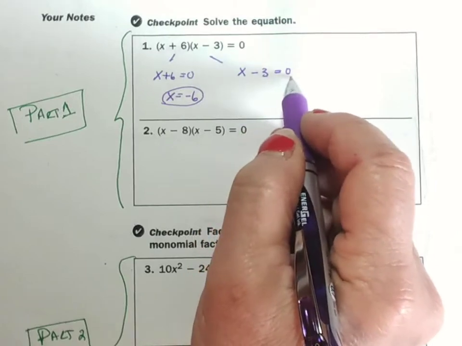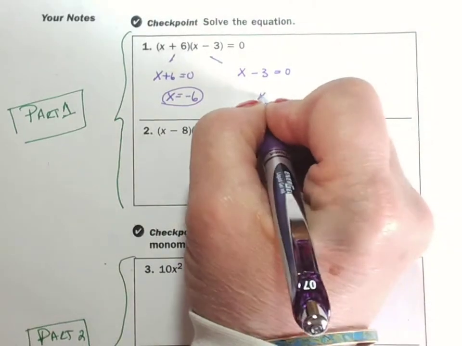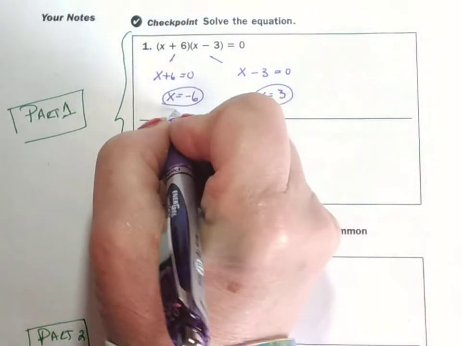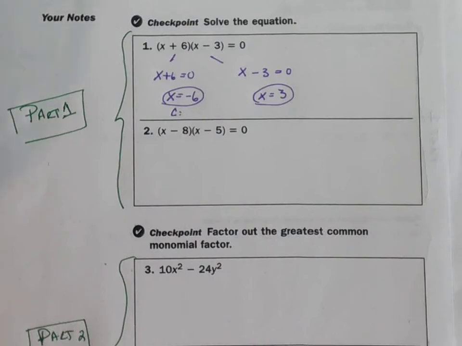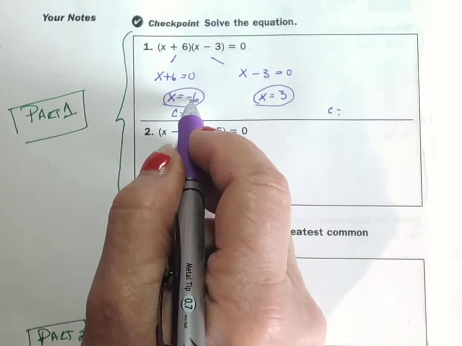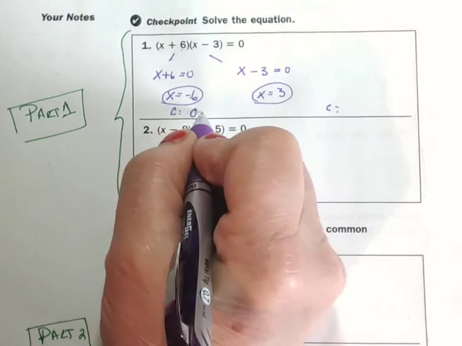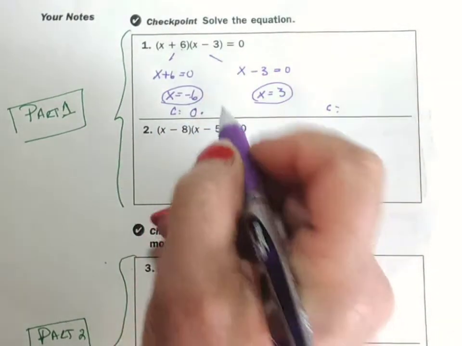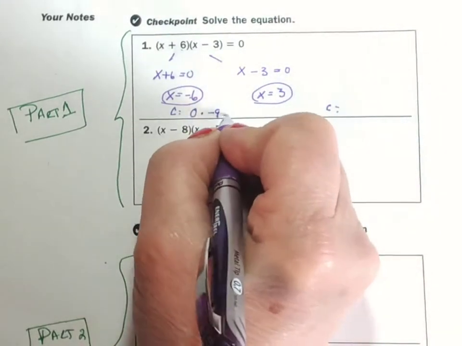Here, x minus 3 equals 0. Well, 3 minus 3 is 0. So x is equal to 3. And then I want you to use your handy dandy calculator to check this. So you can see -6 plus 6, well, that's going to be 0 times -6 times -3 times -9, and 0 times -9 is 0.